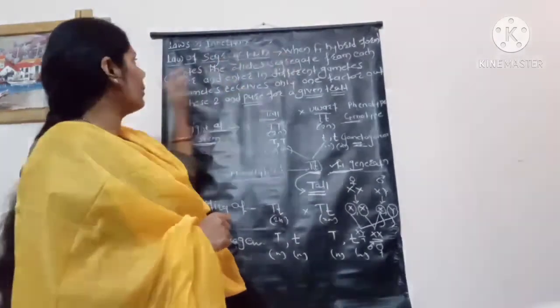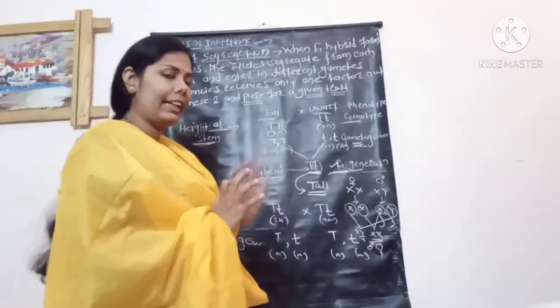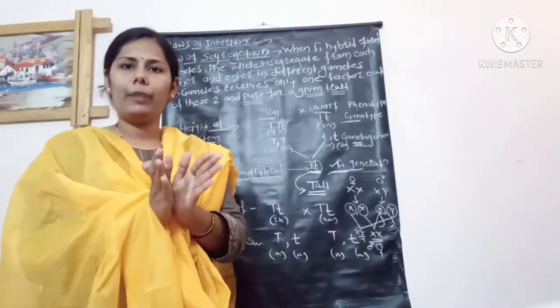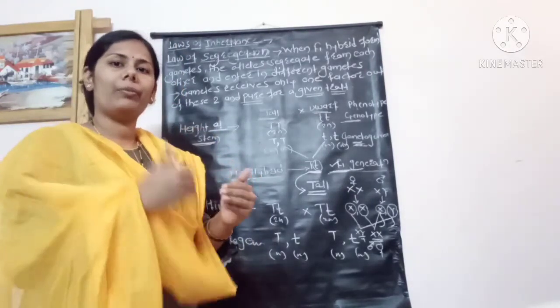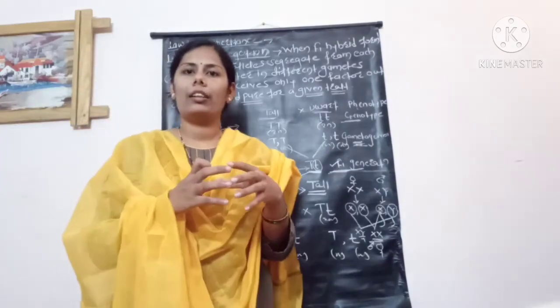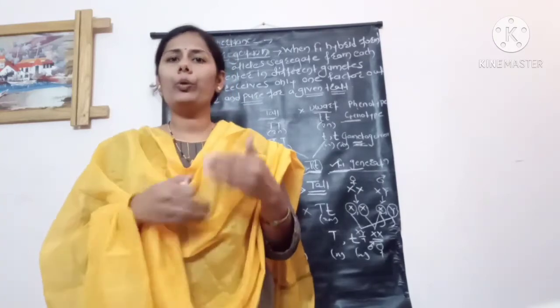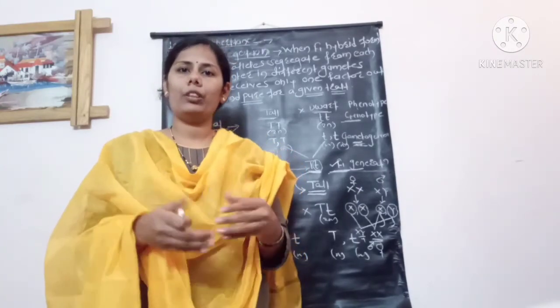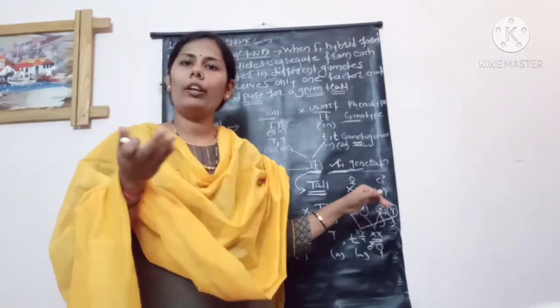When the F1 hybrid forms gametes, the alleles segregate from each other. They separate from each other and enter different or separate gametes. This law is universally applicable because during meiosis, or gamete formation, these alleles undergo segregation or separation.